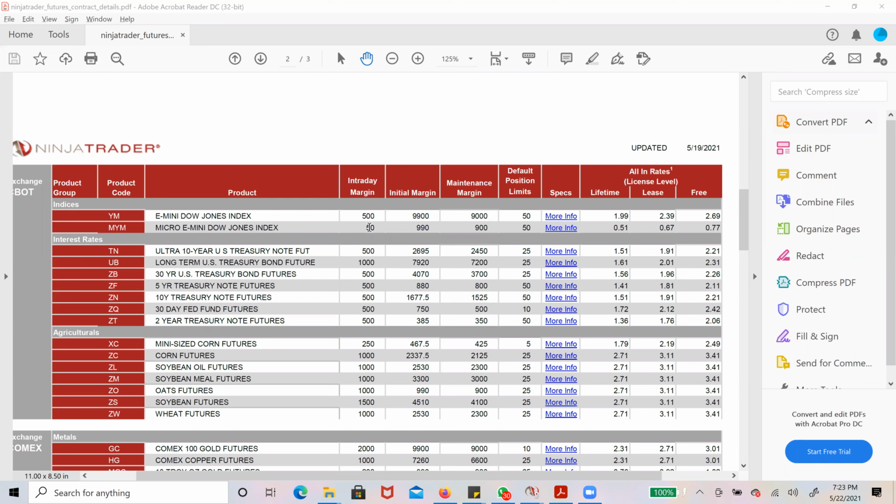But around 10 to 12, they have a particular time frame where your account has to be at least the amount shown right here. Let's say I want to buy the micro YM, which is the Dow Jones index. My intraday margin is $3, but my initial margin, which I need to hold it overnight, is $1,000. So my account needs at least $1,000 for me to trade YM overnight.